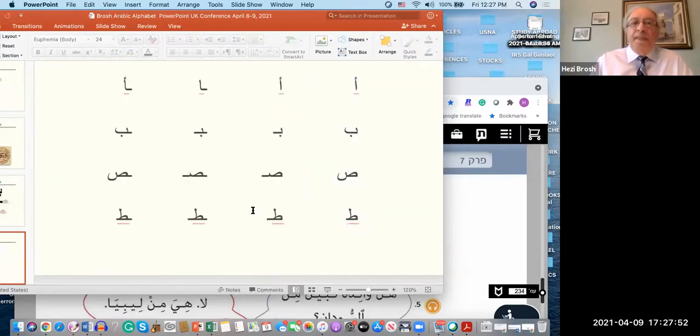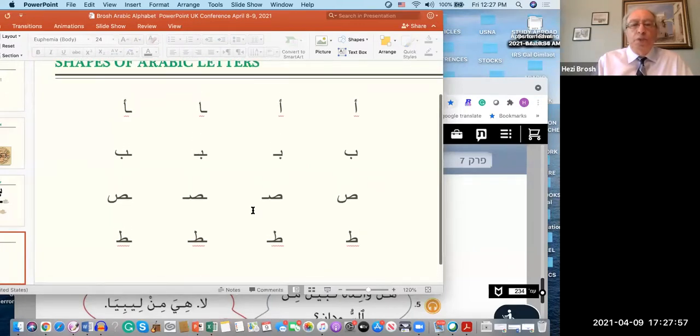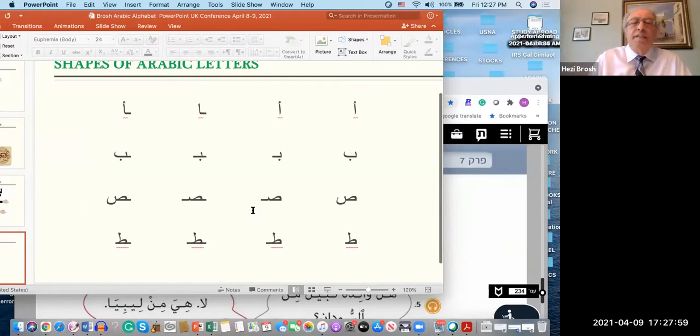So I want to show you how we see the letters in the book. In the books that I looked at, each letter has 4 forms.